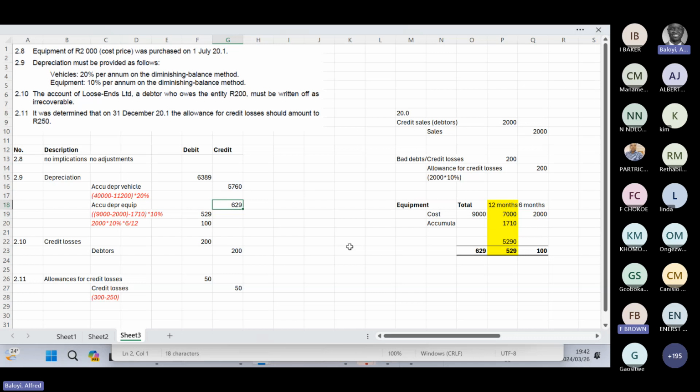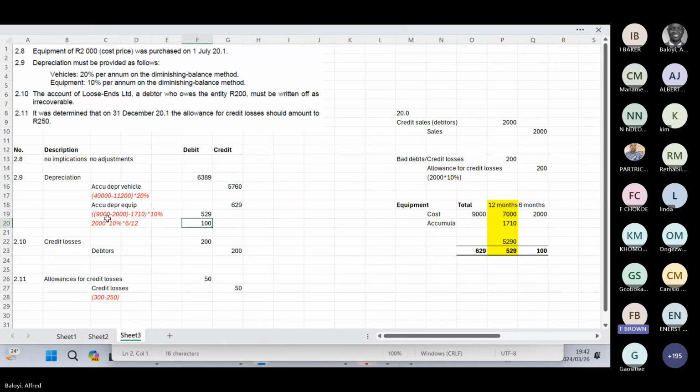I'm not sure if that makes sense. It's not the adding and the subtracting, so don't take it like that. Start with calculating the depreciation for the new equipment that was purchased on 1 July. This equipment is calculated at 10% for 6 over 12. It gives you the 100.